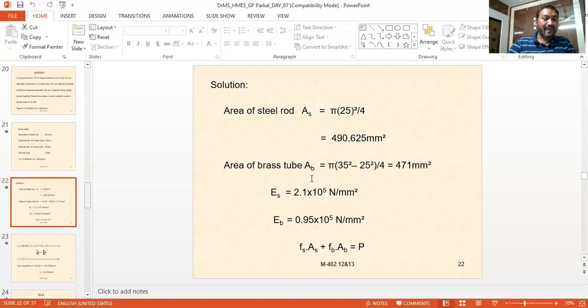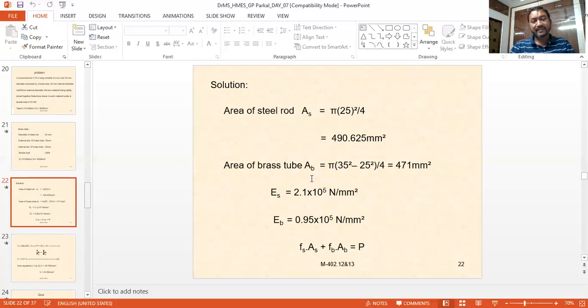And the area of the brass tube, with external diameter of 35 and internal diameter of 25 mm, is pi by 4 into 35 squared minus 25 squared, coming to 471 square millimeters. Young's modulus Es and Eb are given.